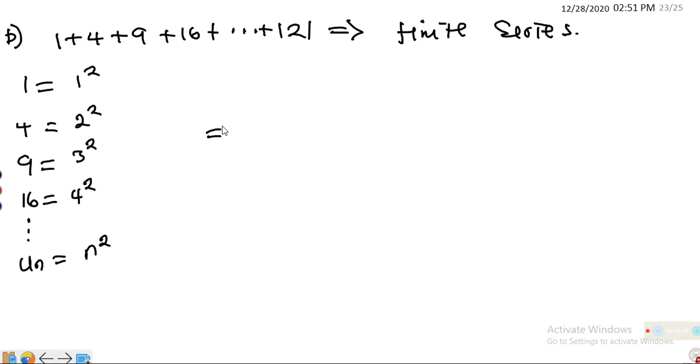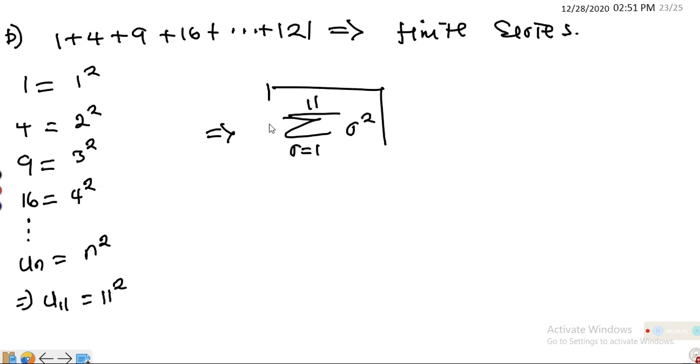Okay, so the formula for this series, the last term, the u11, is 11 squared. So we are taking the sum from r equals 1 to 11 of r squared. So this is the formula.